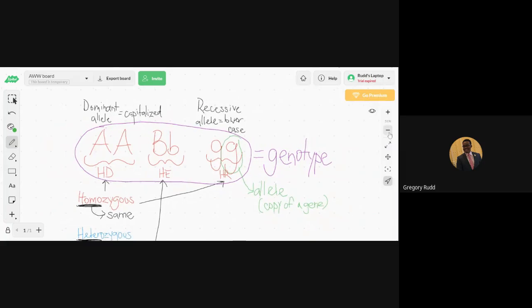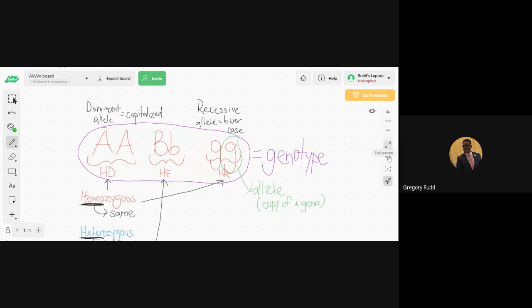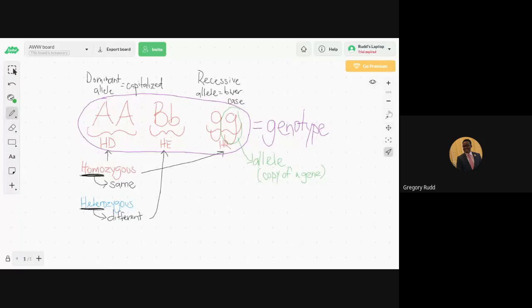So if you weren't present for yesterday's call, then it might be a good idea to try to write this down. We've got three potential genotypes: homozygous dominant, which we could say HD, heterozygous, which we could say HE, and homozygous recessive, which is HR.